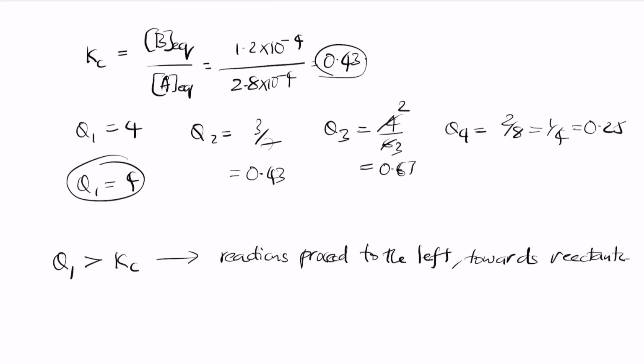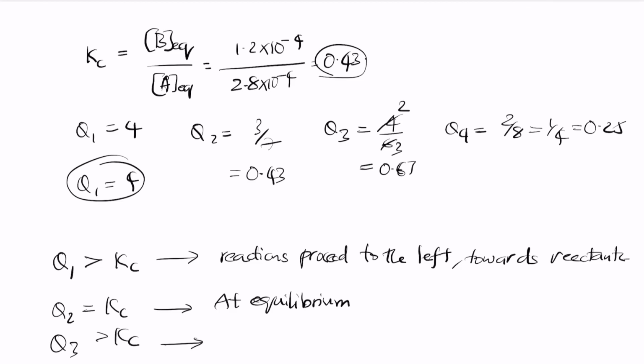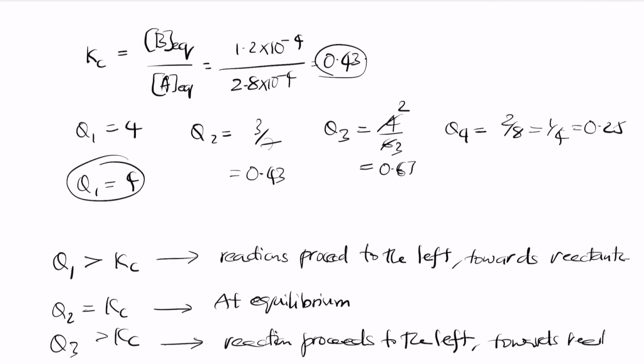Next, you have Q2, which is equal to Kc, which means that the reaction is at equilibrium. And you have Q3, which is also greater than Kc, which means that again the reaction proceeds to the left towards the reactants.